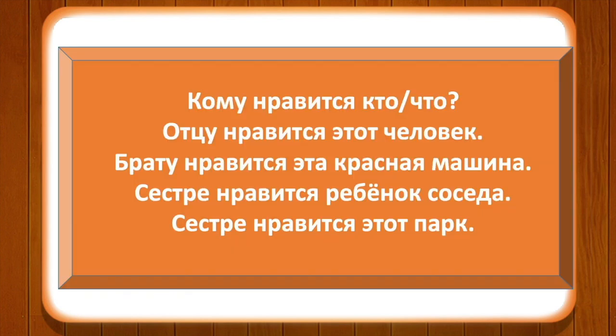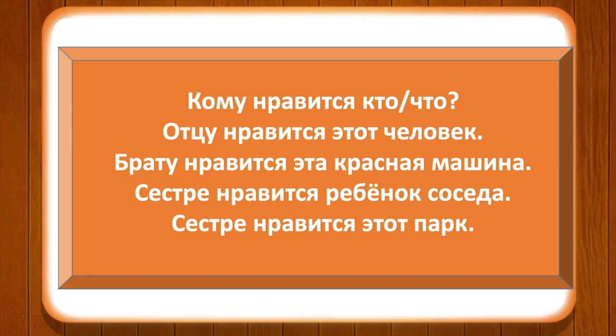Now we must remember that in expressions кому нравится кто и что. Нравится means to like. Whom? Нравится likes what? And who? Who likes whom, what? The subjects answer the question кому and the objects answer the questions кто and что. The number of the verb, singular and plural, is the same as the number of the object.